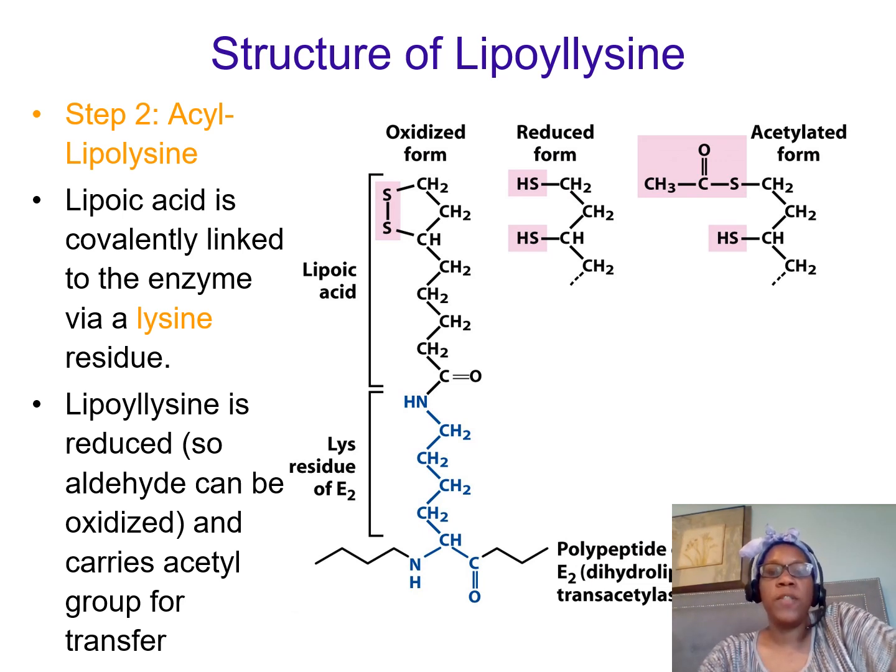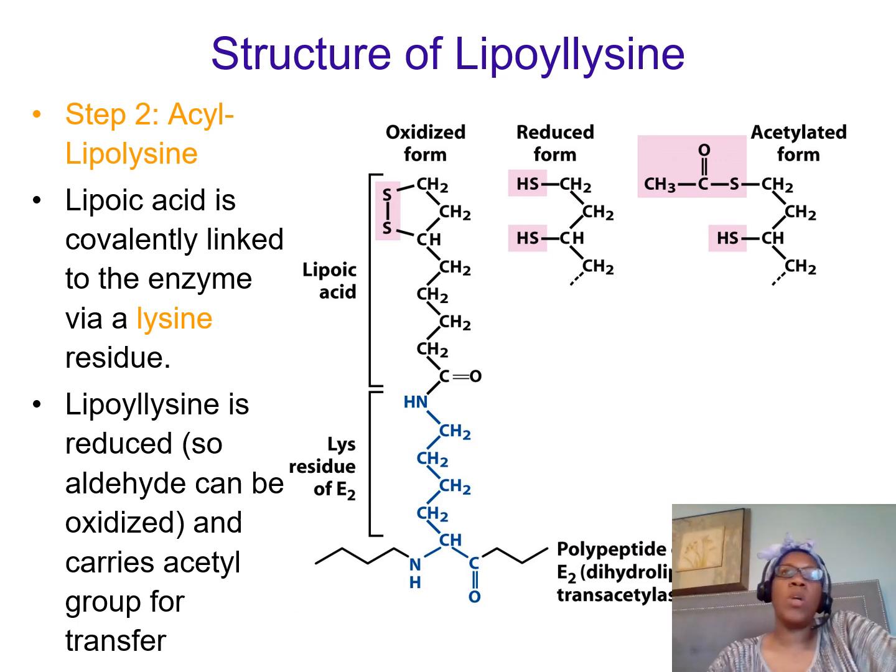It gets transferred to the lipoyllysine, and now we've created the end product of step 2, the acyl lipoyllysine. So we're just kind of transferring things along. We have the decarboxylated pyruvate on the hydroxyethyl TPP. Then we moved it to E2, and we're at an acyl lipoyllysine.